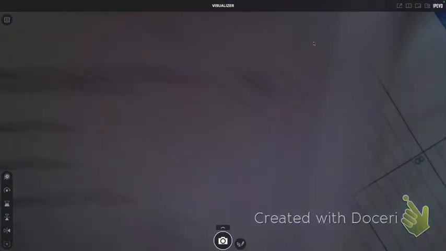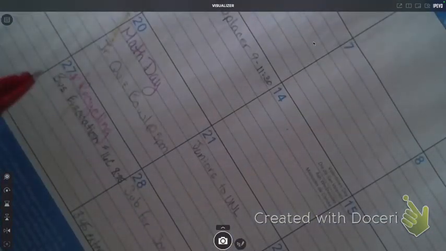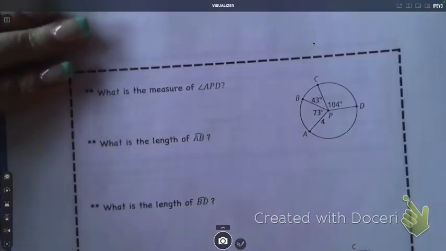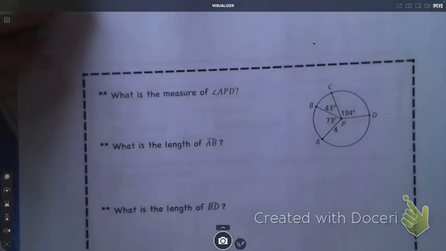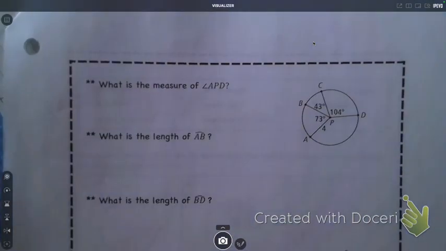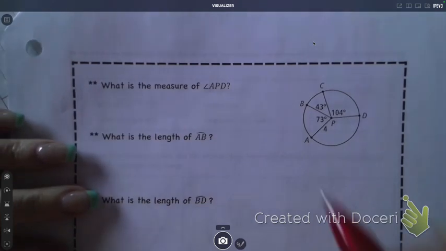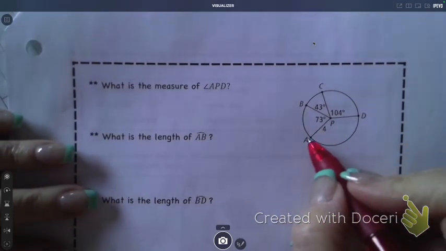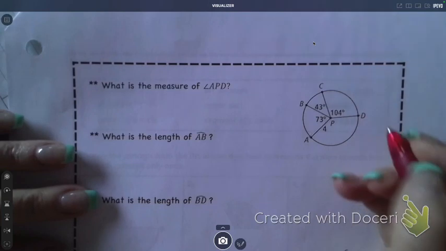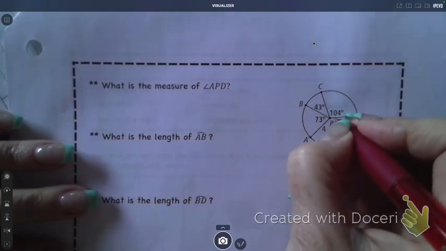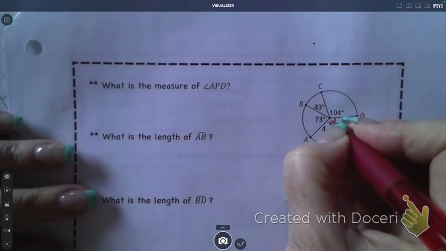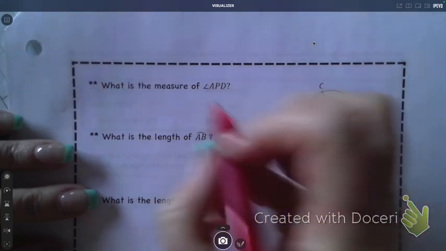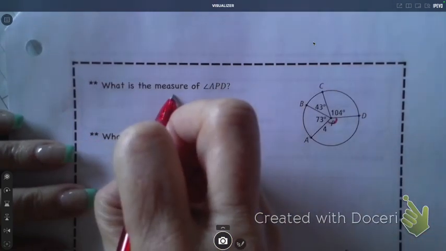Okay, so what is the measure of the angle APD? So this angle right here. It is a major arc, but that's not what it's asking. It's asking for the measure.